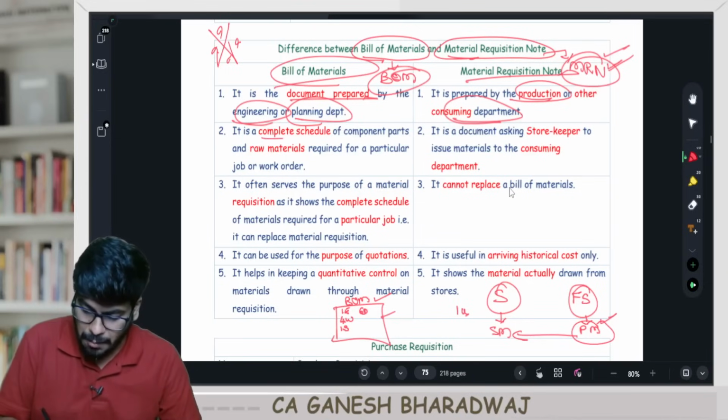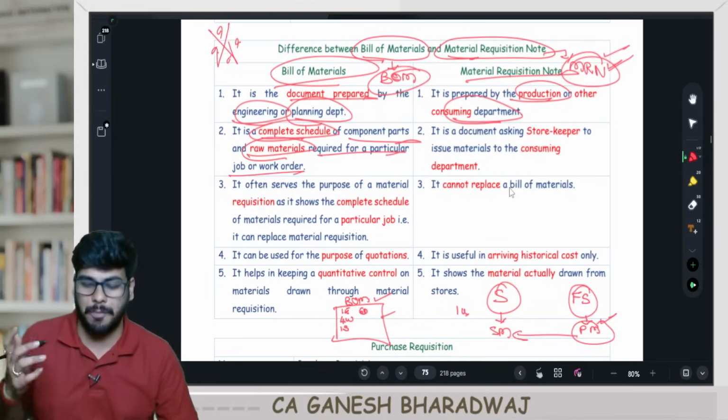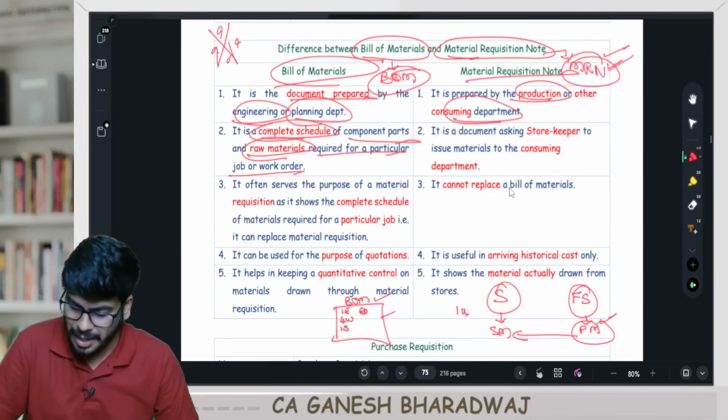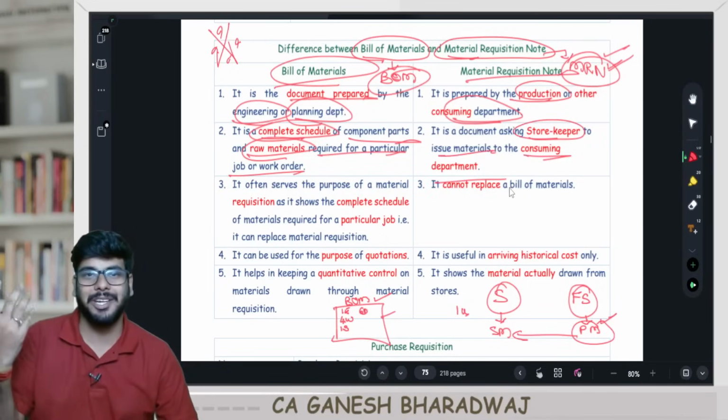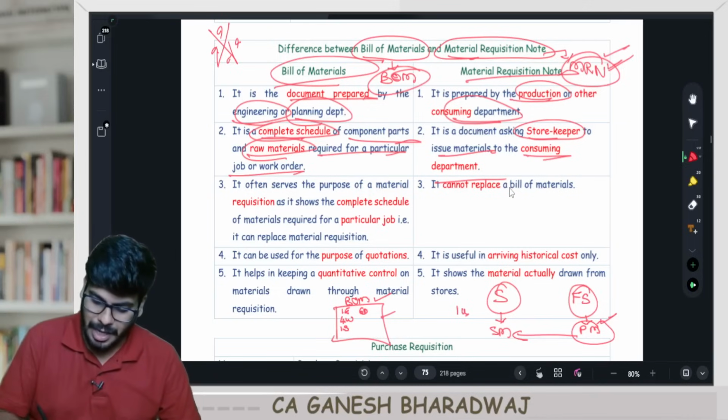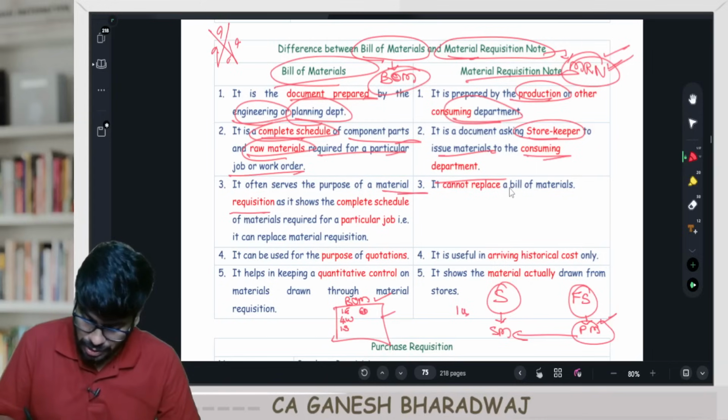MRN is a complete schedule of the component parts or raw material required for a particular job or work order. MRN is a document asking the storekeeper to issue the material to the consuming department. Are you now understanding it? Bill of material often serves the purpose of material requisition as it shows the complete schedule of materials required for a particular job.